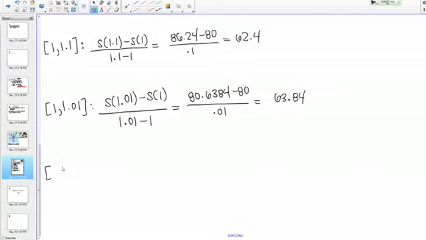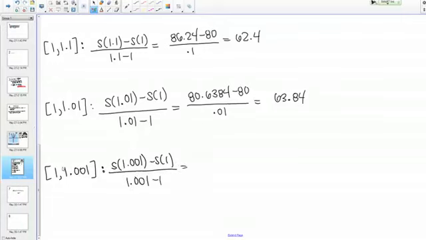And last one, 1 to 1.001. Really tiny interval now, really tight around time equals 1. For the sake of time, I'm just going to write the final number, 63.98.